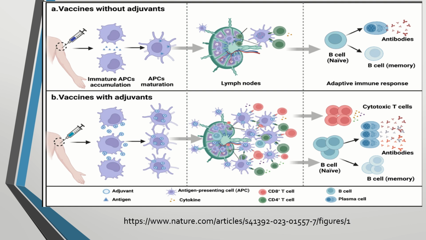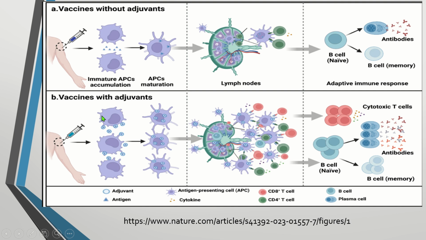Then the antigen presenting cells mature because they meet that antigen. When they reach the lymph nodes, B cells are activated, so there is production of antibodies and memory cells, but at a low rate.